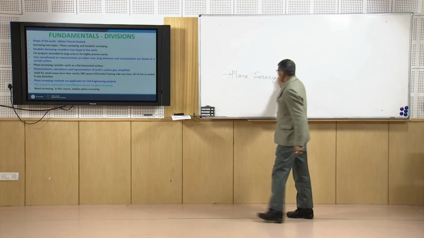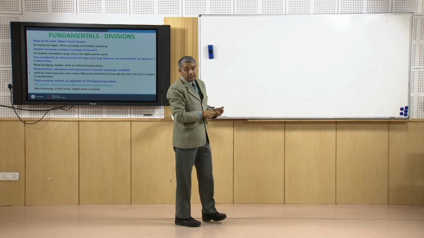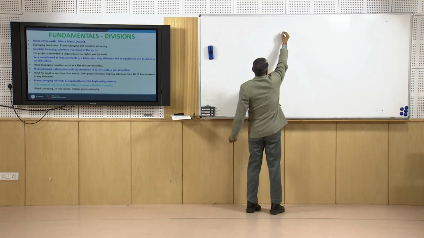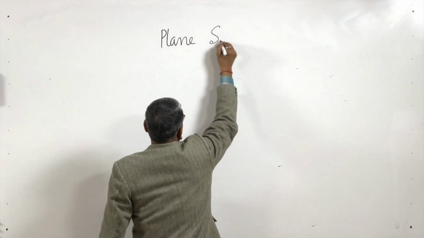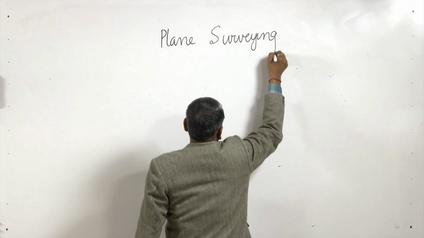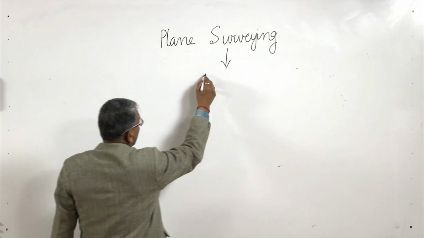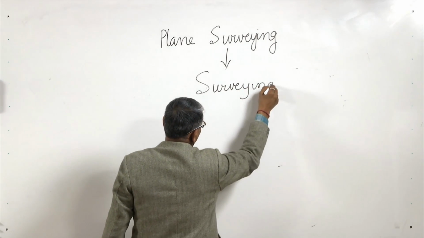So, henceforth whatever surveying we talk about, we will understand that it is plane surveying. So, we will learn in this class plane surveying, and we will simply call it surveying.